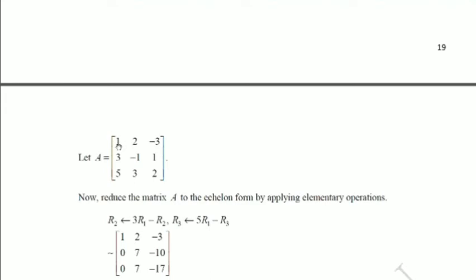Now below this one I have to make these two 0. As we have studied earlier, if you want to make these two 0, you need to use the first row itself. So here the first row, first column entry is 1, but here I am having 3. How to make this one 0?